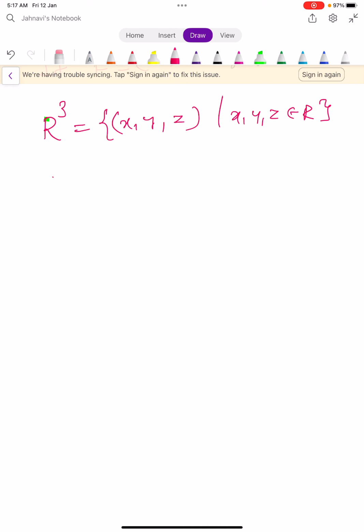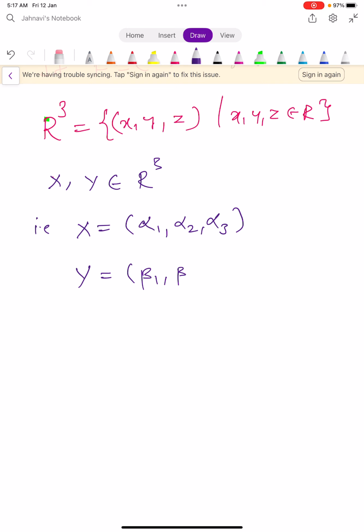Suppose capital X and Y belong to R cube. X is an ordered triad alpha 1, alpha 2, alpha 3, and Y is another ordered triad beta 1, beta 2, beta 3.